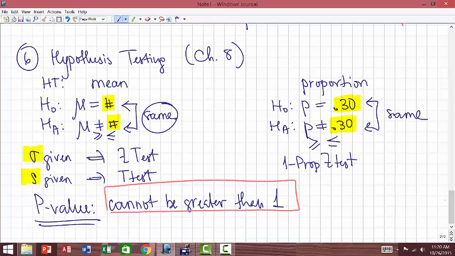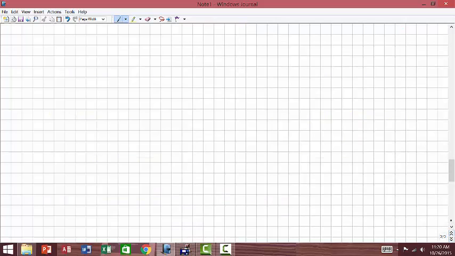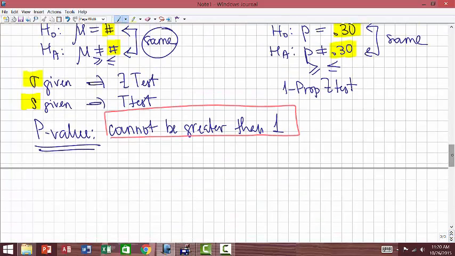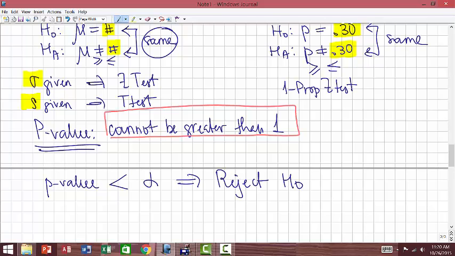And what's the conclusion here? So we take our p-value and what do we do with it? We compare it to alpha level, right? If it's less than alpha, then we reject the null hypothesis. We say that there is sufficient evidence to conclude that the alternative hypothesis is true.